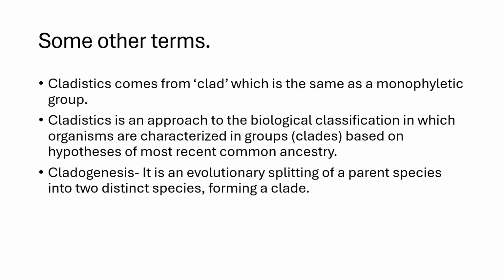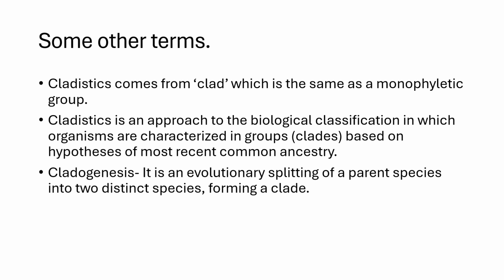So when you are creating a tree and you create a group based on a clade, so you have the common ancestor and all the derived individuals from that common ancestor, then you are using the clade to create a taxon, and that approach is what you call cladistics.